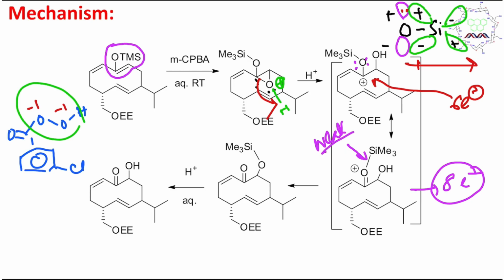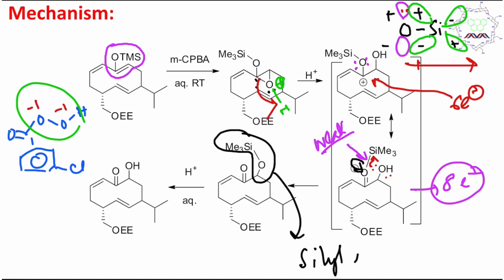Consequently the neighboring oxygen atom does a nucleophilic attack on this silicon center, and after this nucleophilic attack this bond comes back on oxygen. Why? Because the leaving group is neutral. So in this way the carbonyl group is produced here, and another side is, you may consider, another silyl ether. Okay, so this is the overall product of this reaction.